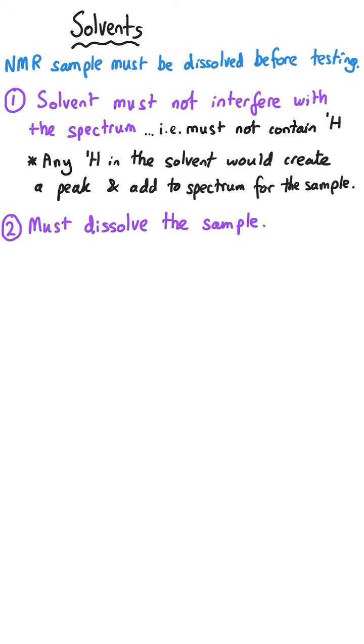And then secondly, and this is perhaps somewhat obvious, it needs to actually dissolve the sample that you're hoping to test. And there are 2 types of sample that you might be analysing. You might be dissolving a polar substance, or you might be dissolving a non-polar substance. And each of these different types of substance requires a different type of solvent.